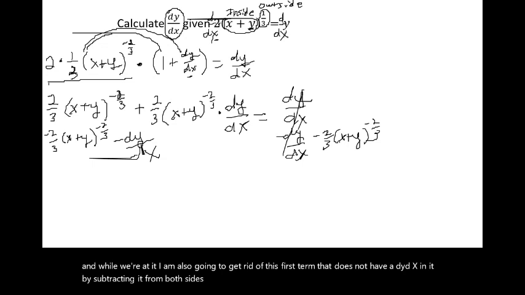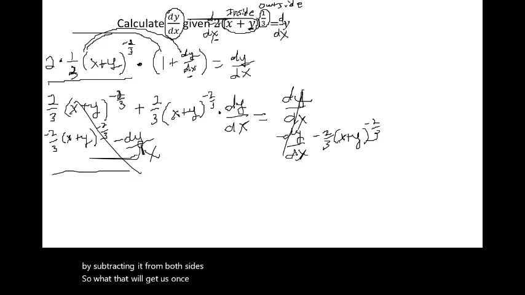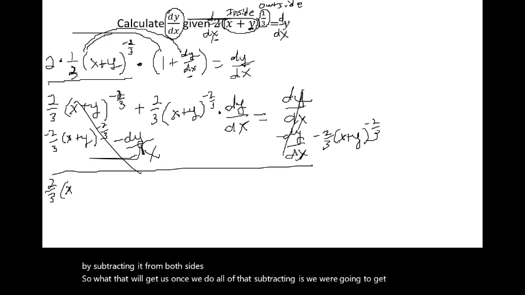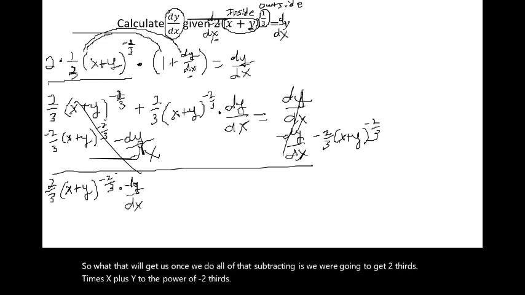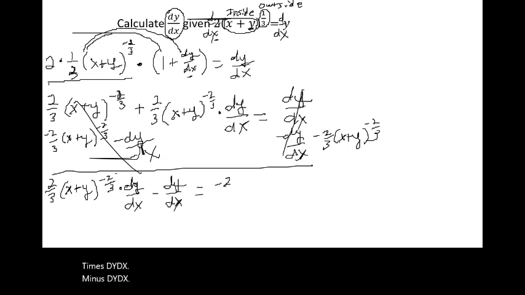What that will get us is 2/3 times (x plus y) to the power of negative 2/3 times dy/dx minus dy/dx equals negative 2/3 times (x plus y) to the negative 2/3.